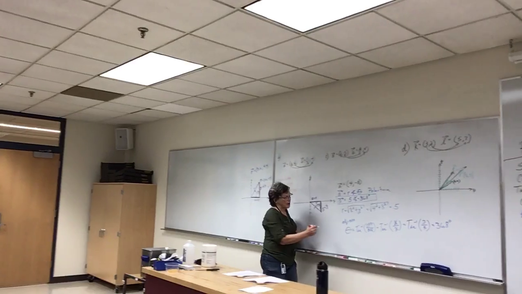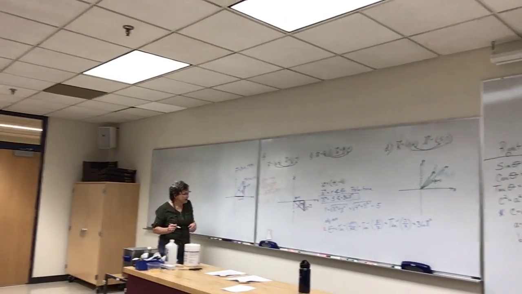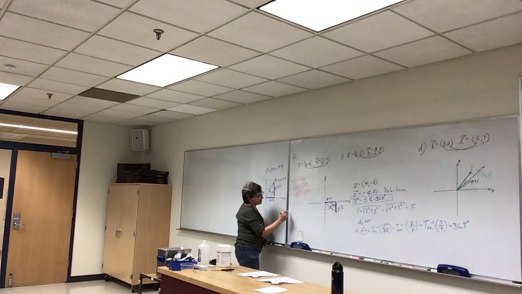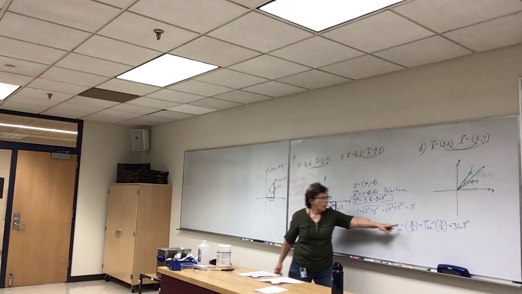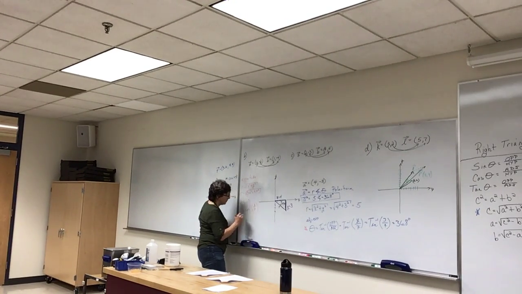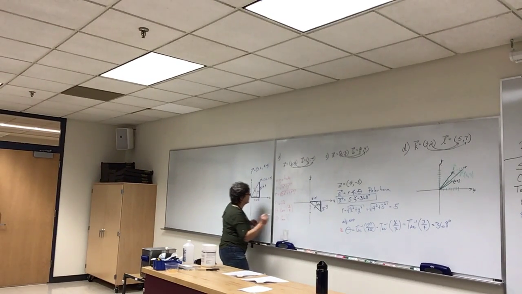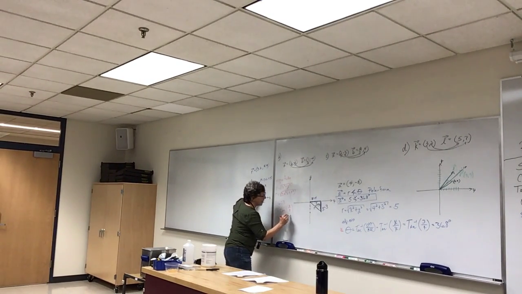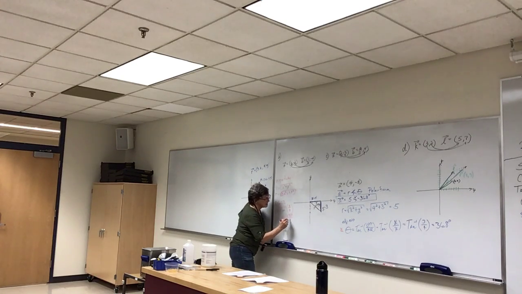And then we know this is true for our theta. We already developed that. Theta equals tangent inverse y over x. Theta equals tangent inverse y 4.9 divided by x 3.6.